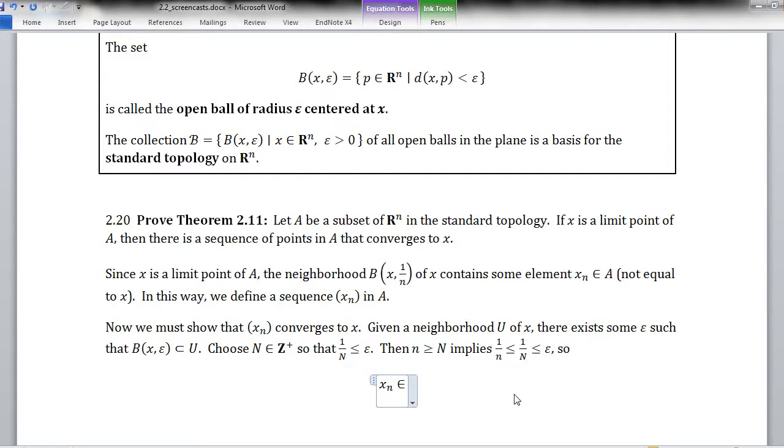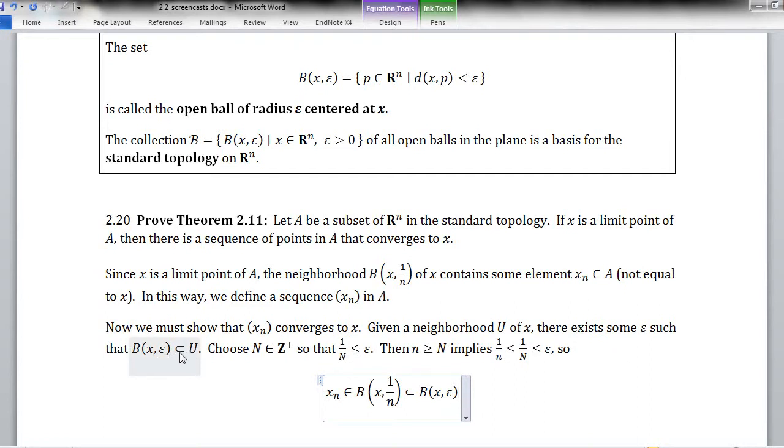Okay. Well, I know that x sub n from up here is contained in this neighborhood, in this open ball about x of radius 1 over little n, right? But because 1 over little n is less than or equal to epsilon, that ball is contained in the ball centered at x of radius epsilon. And that ball is a subset of U, right?